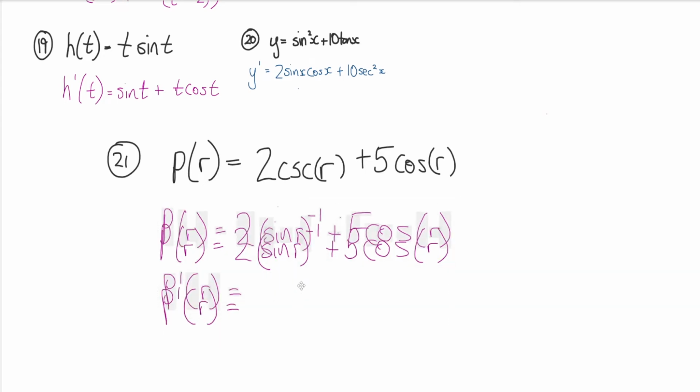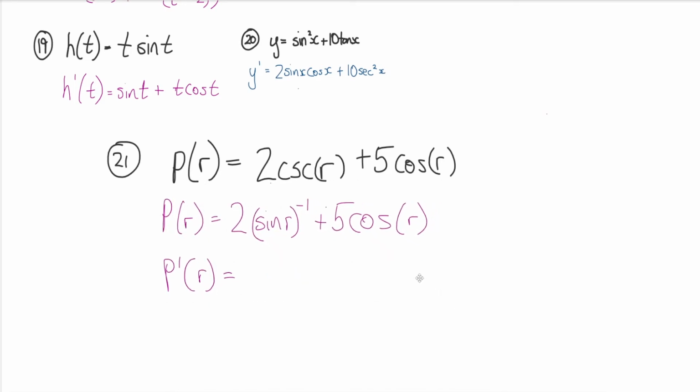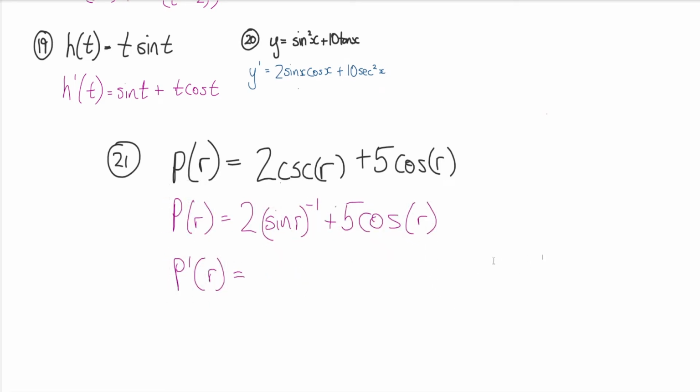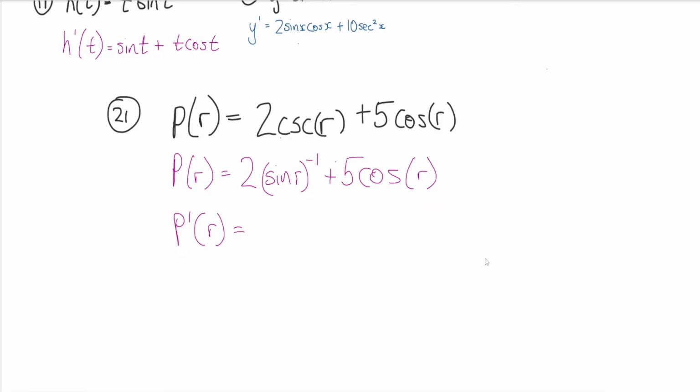okay, then what do I get? I get -2 sine of r to the -2, right? And then cos of r, the derivative of the inside, plus 5 times negative sine of r.